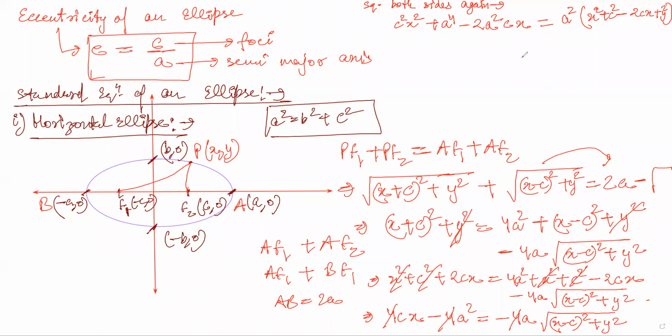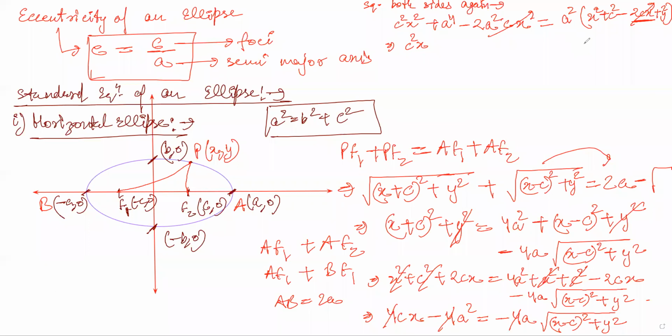Right? So this would be c square x square. So if you multiply a square with minus 2cx, you get minus 2a square cx, and you also have minus 2a square cx here. So these two terms get cancelled out, right?